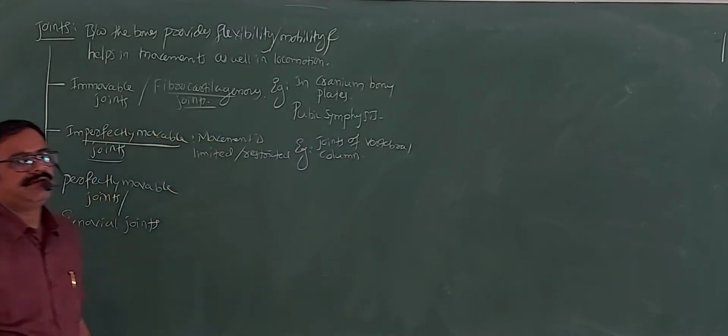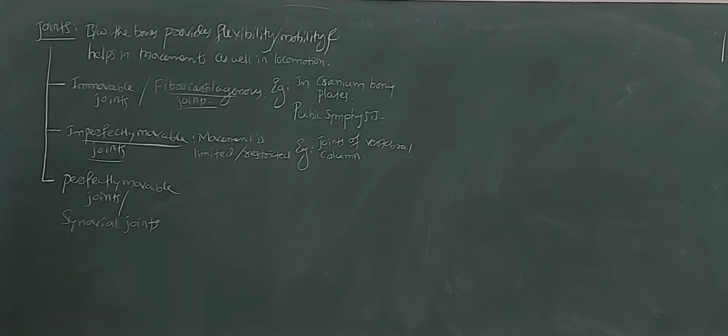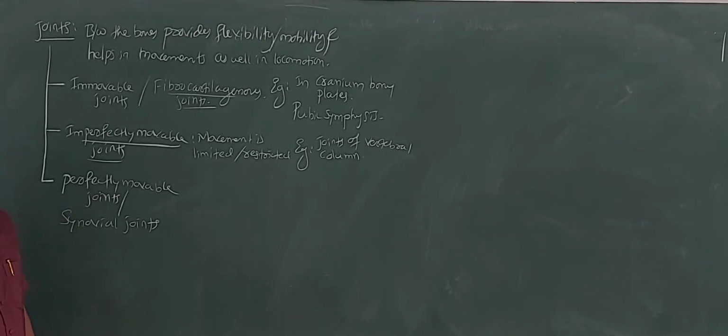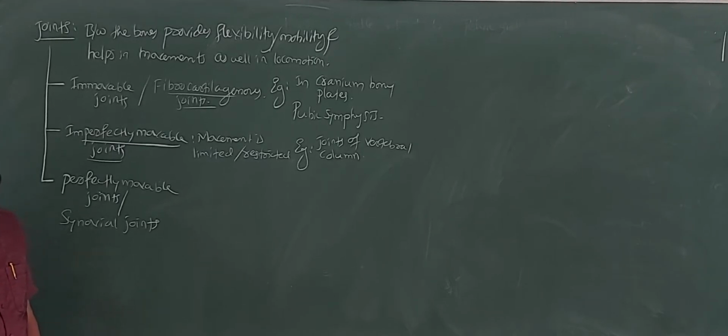Our vertebral column is not like a spring to fold or rotate again, so it has limited movement. That is called imperfectly movable or limited movement.